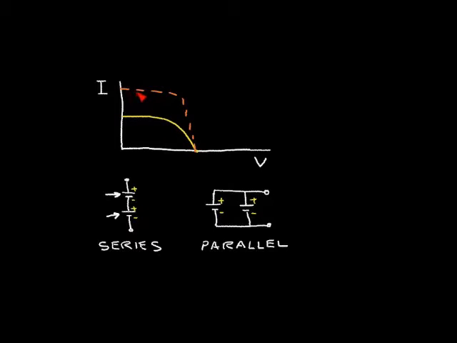And if you look at the area under this curve, it has doubled approximately. So by adding two identical solar cells in parallel, we're able to extract twice as much power. Same thing for series.